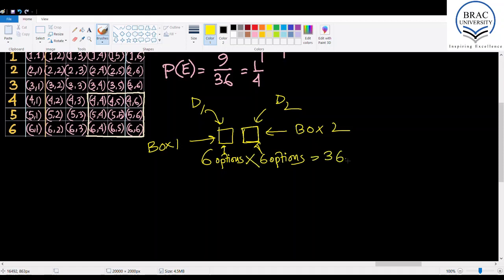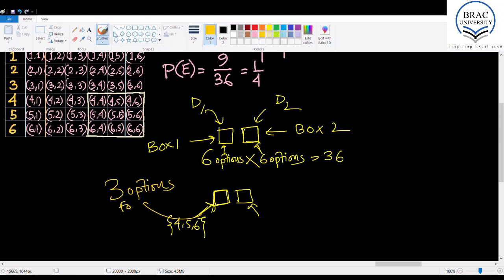We have already talked about it in a previous example. This is the total number of results, but we are interested in filling up both these boxes with numbers greater than 3. If you want to put numbers greater than 3 in this box, only 4, 5 and 6, these 3 options are available. So I can say 3 options for box 1 in my expected event, of course.